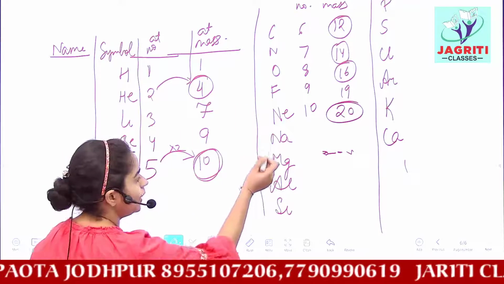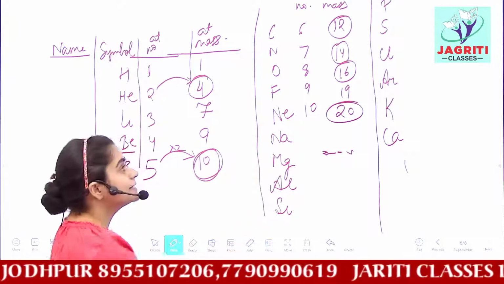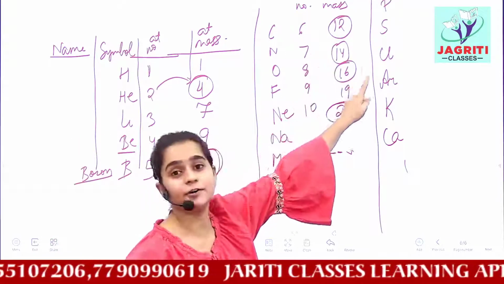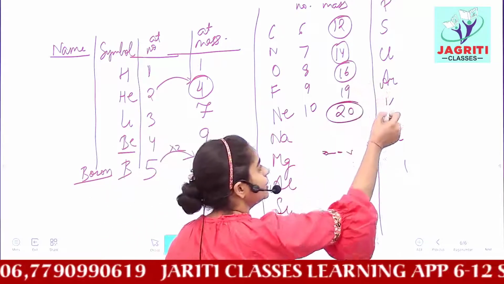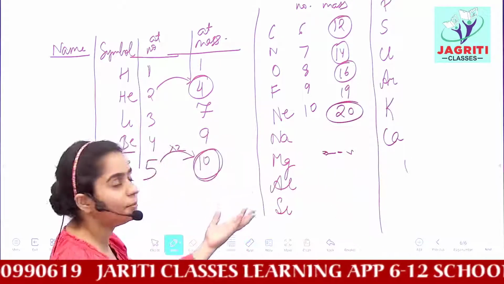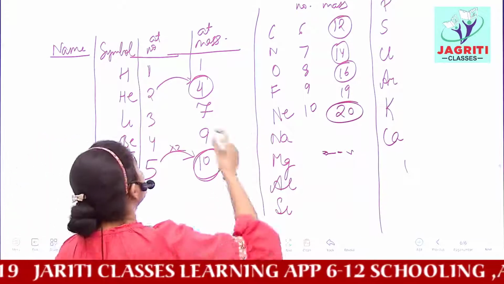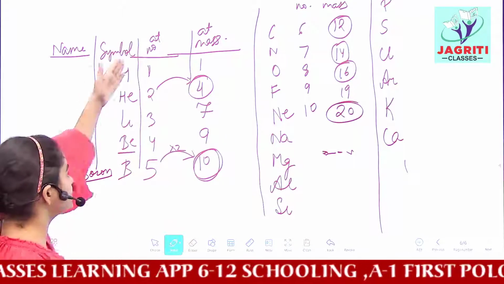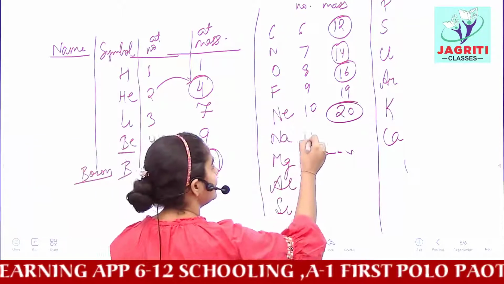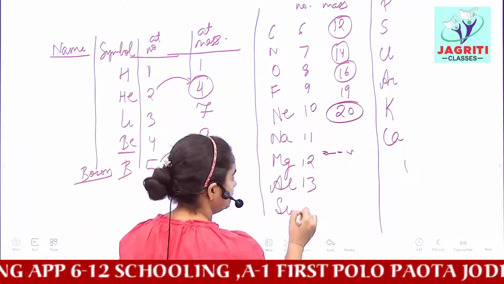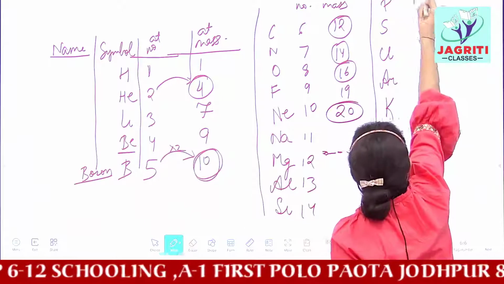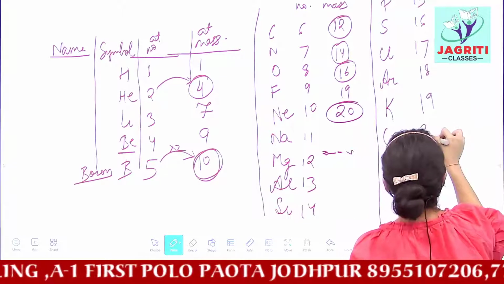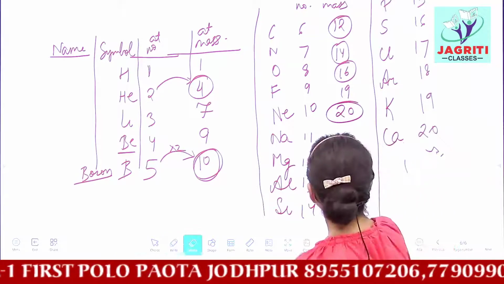Then sodium, magnesium, aluminium, silicon, capital P stands for phosphorus, sulfur. Then chlorine, argon, potassium, calcium. You don't have to remember the atomic numbers, just the names and symbols in order. The atomic number is simple counting: after 10, 11, 12, 13, 14, then 15, 16, 17, 18, 19 and 20.